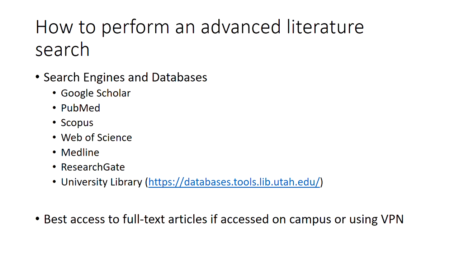Scopus, Web of Science, Medline, ResearchGate, and then you can also do a search on the university library. They have their own set of databases, and you can also do just a general search that will search all of the university's available databases. And the best way to get access to full text articles is if you access it while you're on campus or using the VPN or log in to the university library's website.